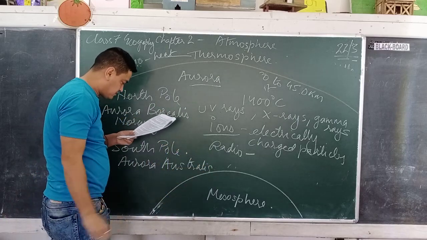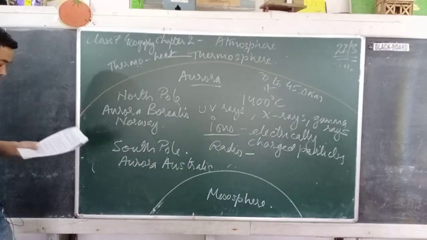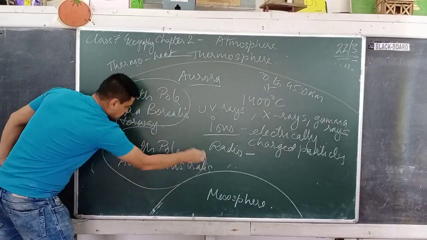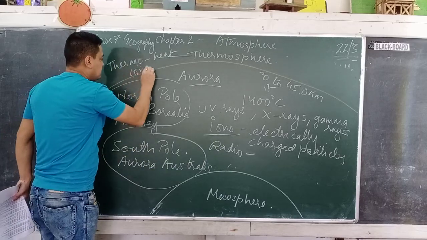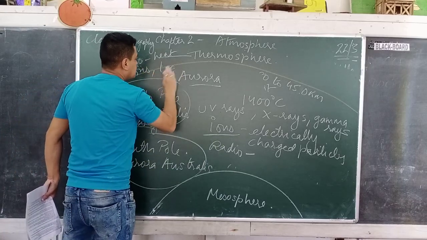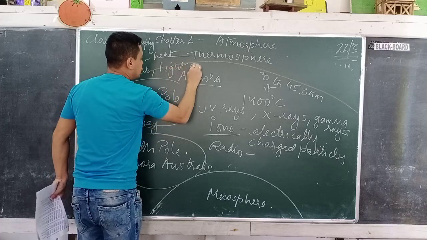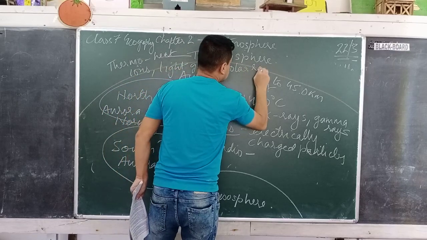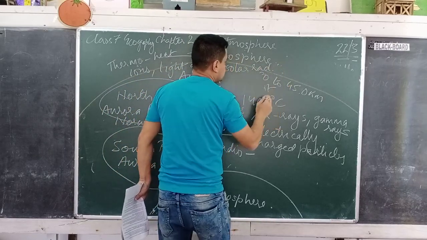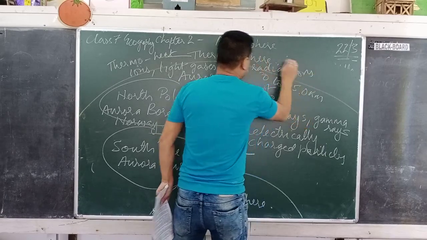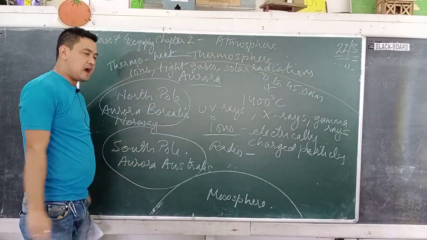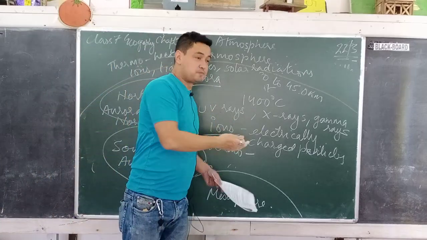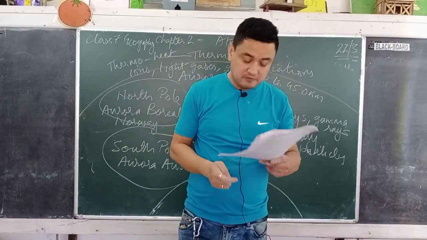These lights are caused by ions and light gases found in the thermosphere, as well as solar radiation. This is the reason why we find northern lights and southern lights in the polar regions. This is due to the ions present in this layer, which also heats up this layer.